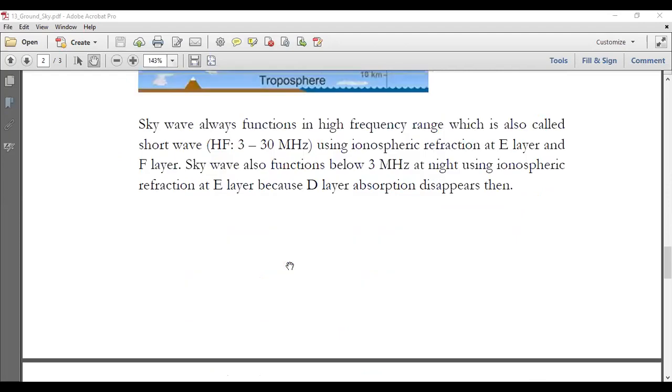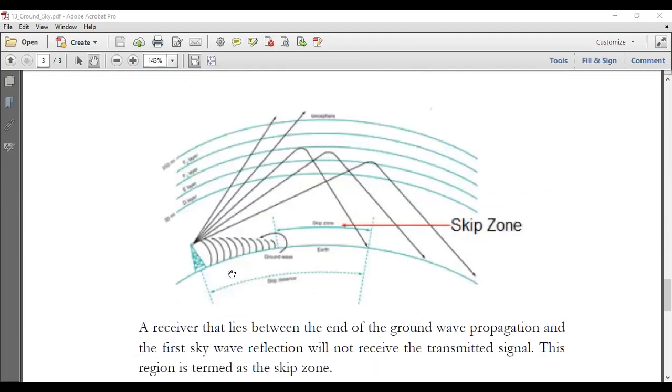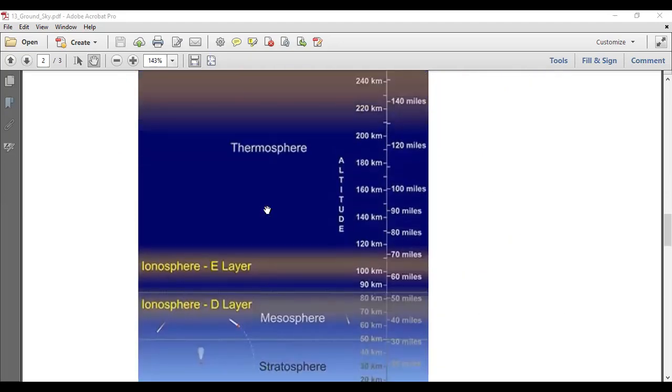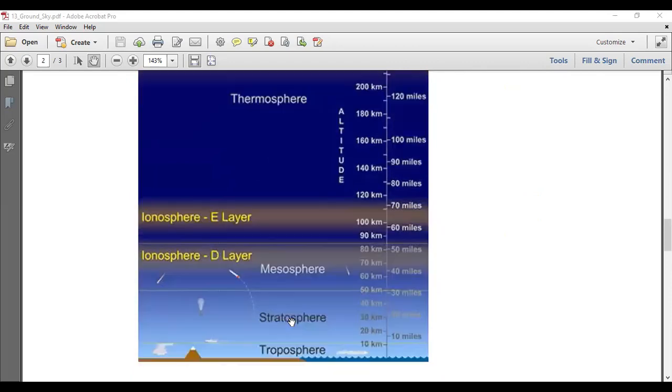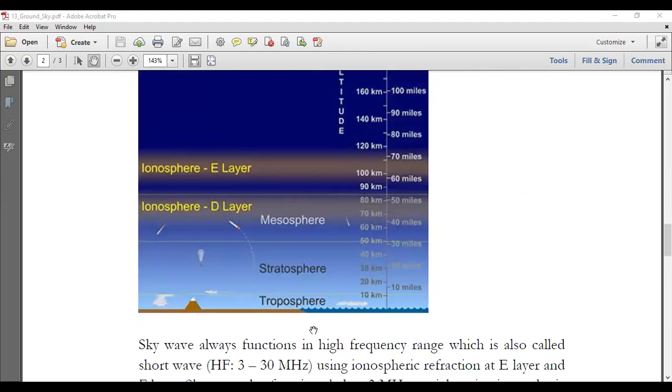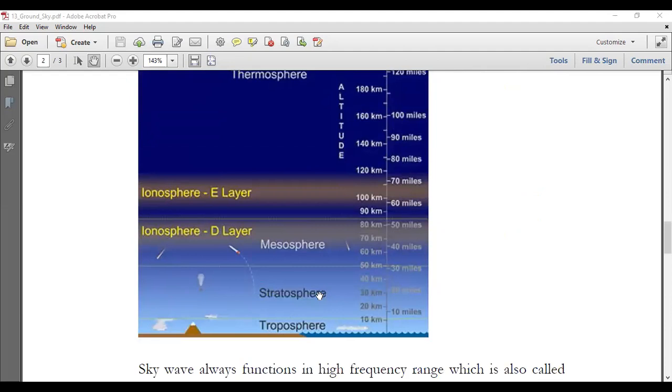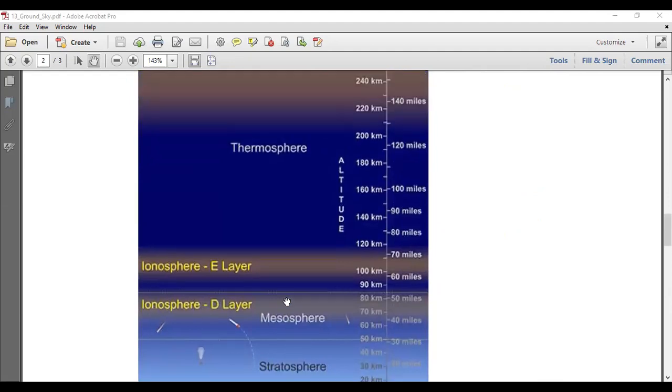What happens there? The wave can have a complete internal reflection in the ionosphere. Ionosphere is, you know, one of the top layers of the atmosphere. Okay, and as you can see, troposphere, stratosphere, and then you have ionosphere.